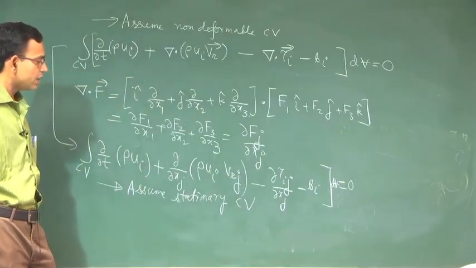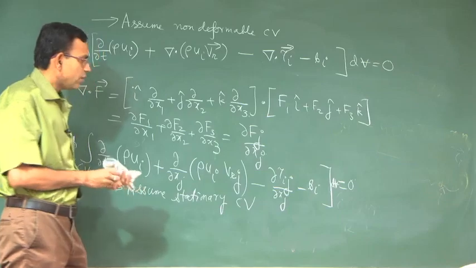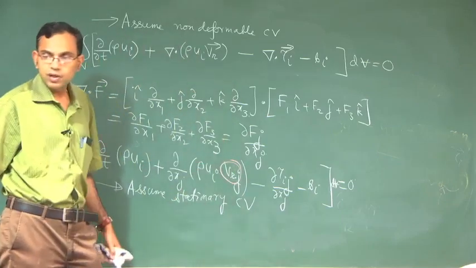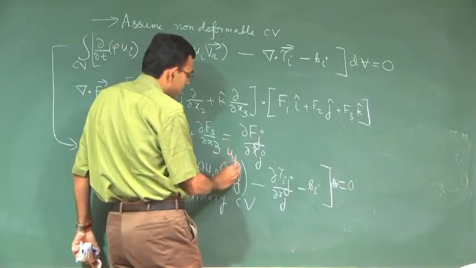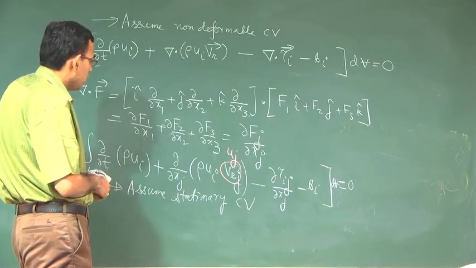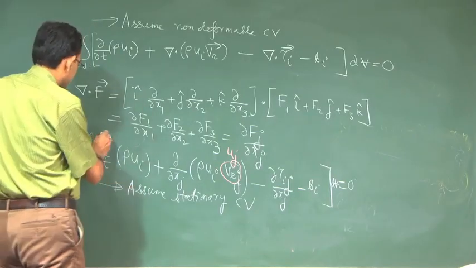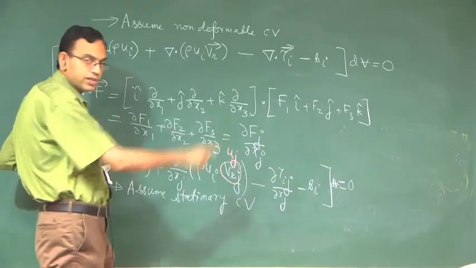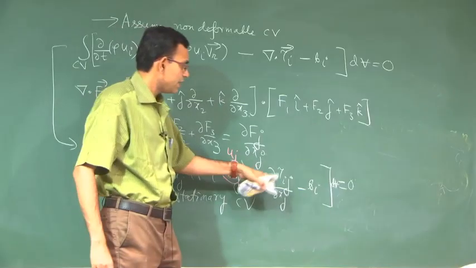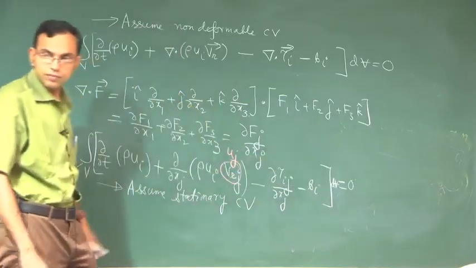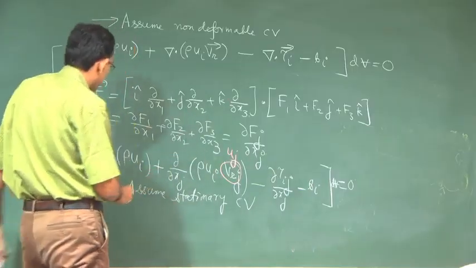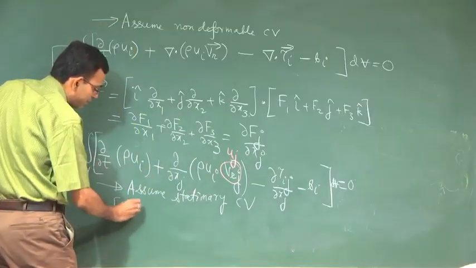So, if you have a stationary control volume, then what happens is that the relative velocity becomes same as the absolute velocity. So, Vr becomes V. So, then you are left with this total term in the square box, this plus this minus this equal to 0. So, because the volume choice is arbitrary, that means this term in the box must be equal to 0.